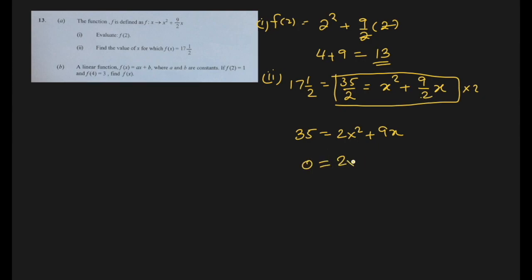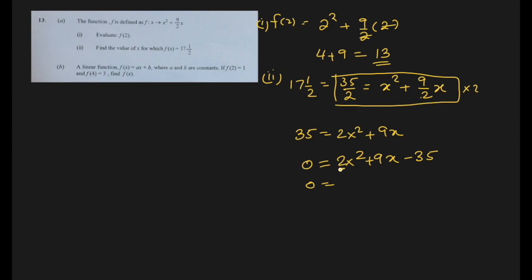So this becomes our equation. Let's multiply this whole equation by 2 so that we can take care of the denominators. So 35 over 2 multiplied by 2, the 2s cancel, only 35 left. Then 2x squared plus again 9x, because this 2 will cancel as well. So our equation becomes 2x squared plus 9x minus 35.